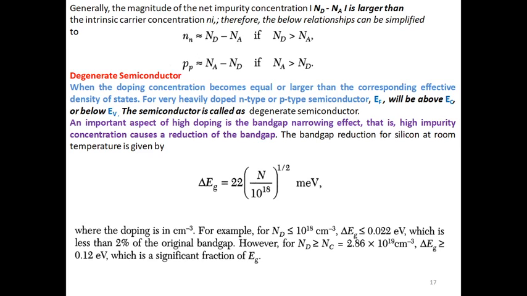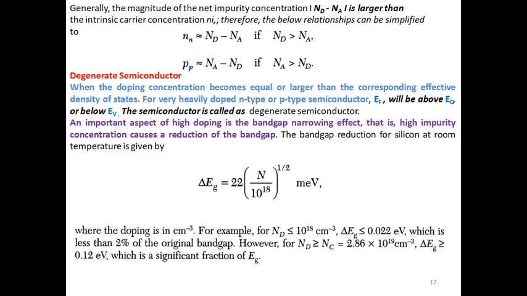Here the doping concentration becomes equal to or larger than the density of states, N_C and N_V, meaning a heavy concentration in the semiconductor.